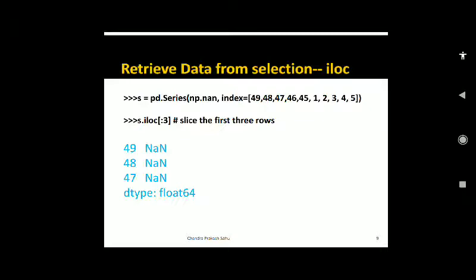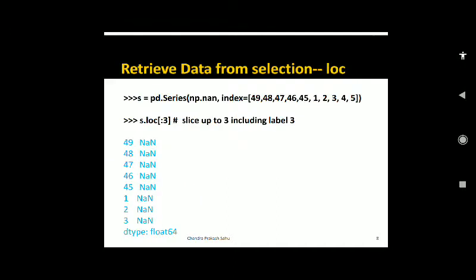ILOC. With ILOC, you can provide up to how many or which rows to be displayed. So here in ILOC, when you pass colon 3, it means the rows starting from 0 to 2 will be shown.